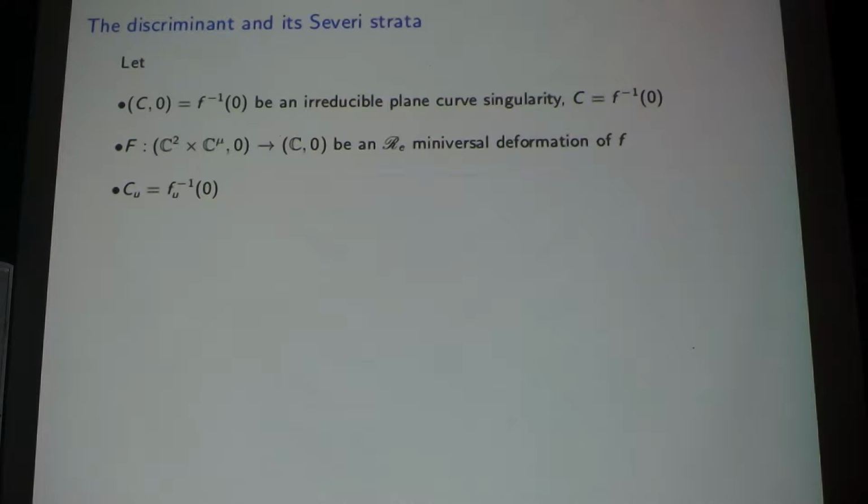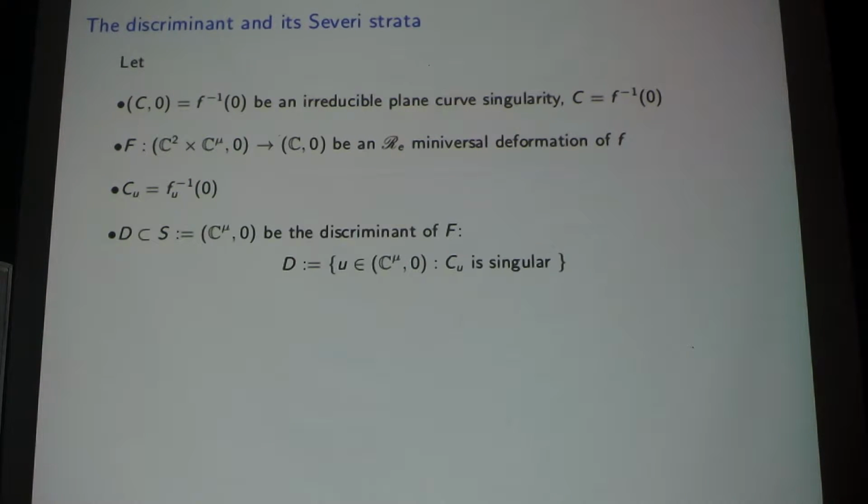For each parameter u, we take the fiber, f sub u inverse of 0, that's the fiber of the big fibration here. And D in the base space is the discriminant, which is the set of parameter values for which the fiber over 0 is singular.